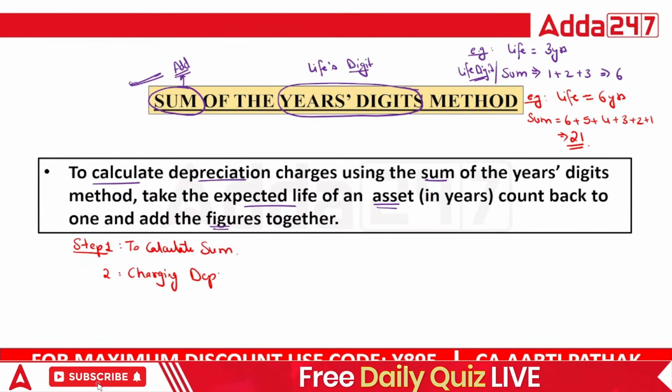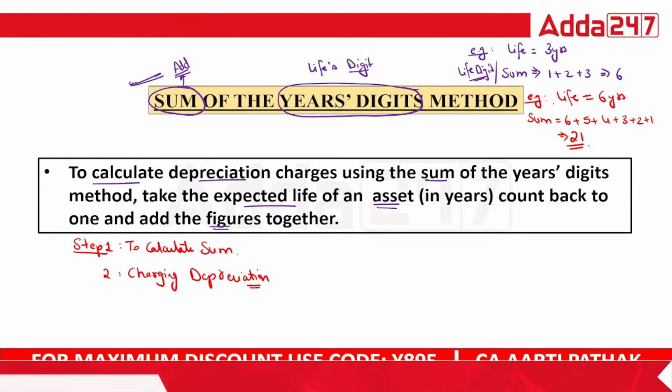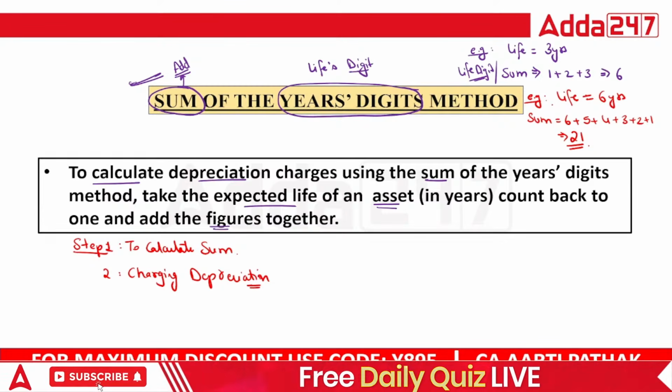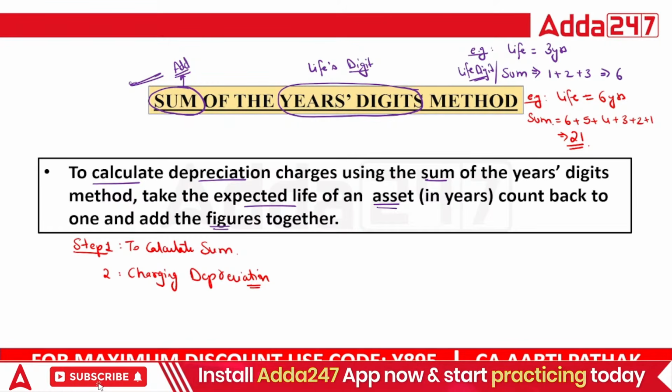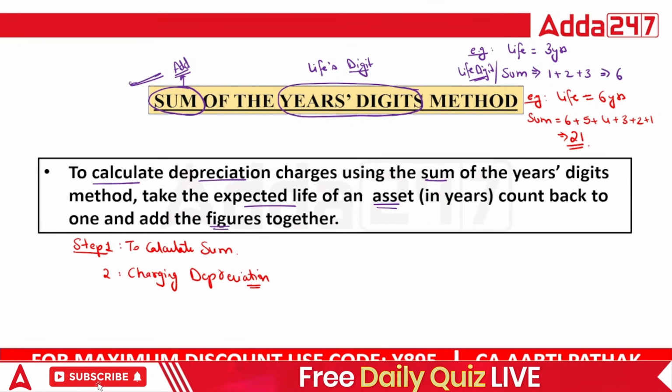Now the second step is charging depreciation. And always remember, when you are charging depreciation in your first year, you are going to charge a higher amount of depreciation, which you get by using higher values in your calculation.